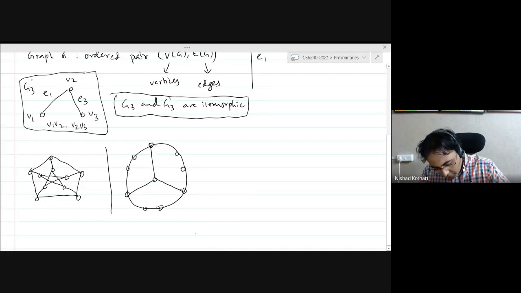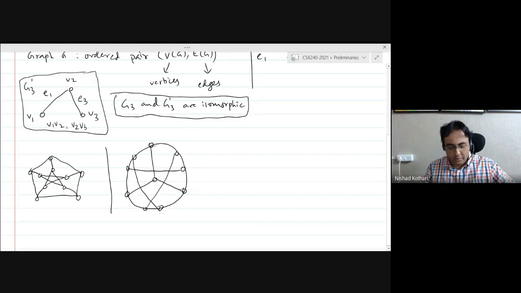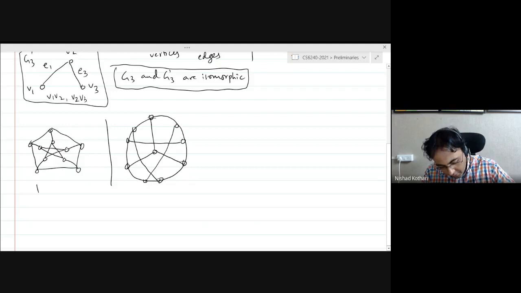Okay, so these two graphs, let me call them P1 and P2 for now. Actually, I won't use P. That's not a good choice. H1 and H2.